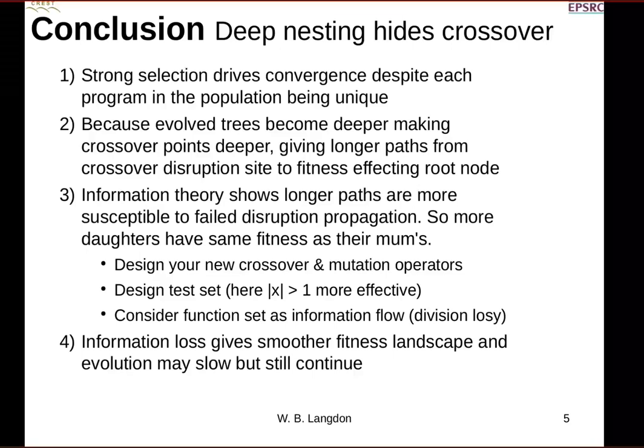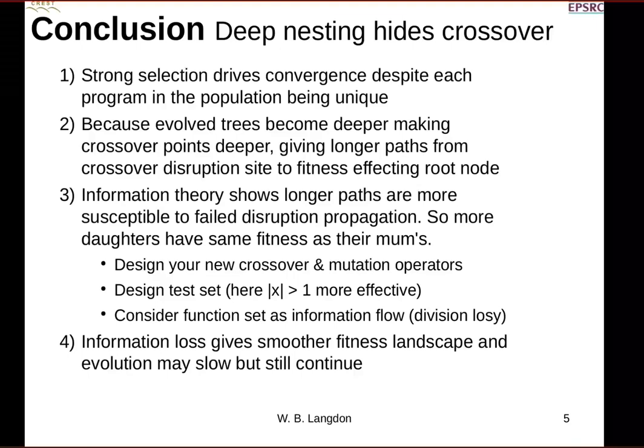So there's a longer path the disruption caused by crossover has to pass along, and therefore there's more chance that the crossover disruption will be lost before it propagates as far as the root node. If it doesn't reach the root node, then the child has exactly the same fitness as the parent, and that in turn also encourages strong convergence.